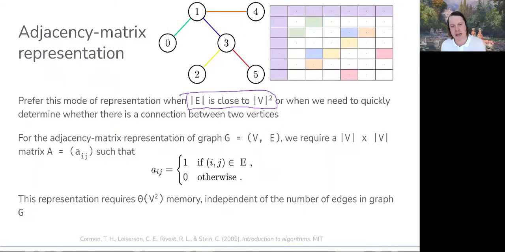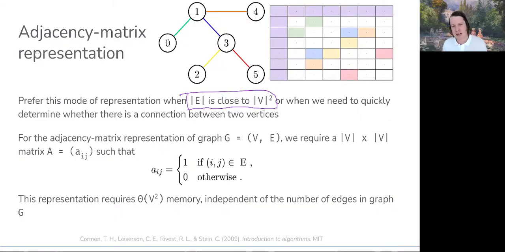And then again, for the adjacency matrix representation of some graph G with some set of vertices V and edges E respectively, this representation is going to require a V times V size matrix A, where each individual element of A will use some sort of integer encoding to tell whether or not an edge exists between vertex i and vertex j, and also to communicate whether or not an edge does not exist between the two.